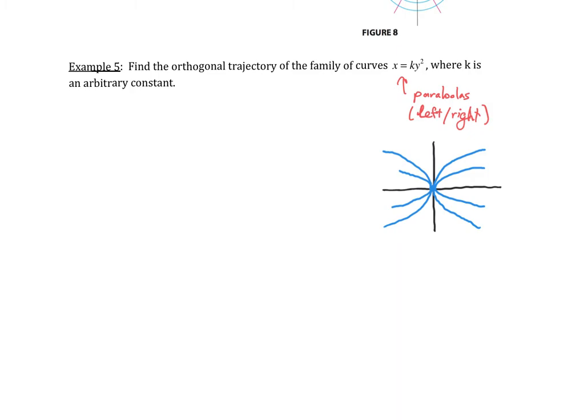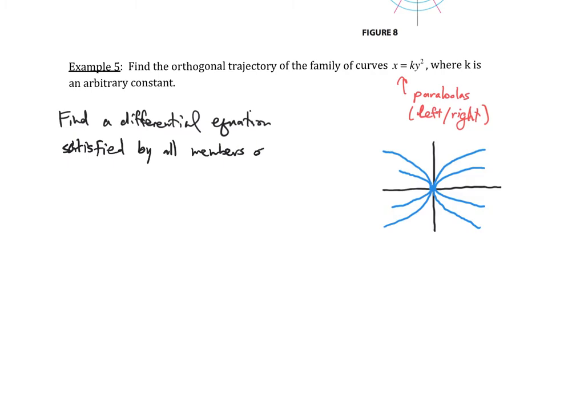To find this orthogonal trajectory, the first thing we're going to do is find a differential equation satisfied by all members of the family.